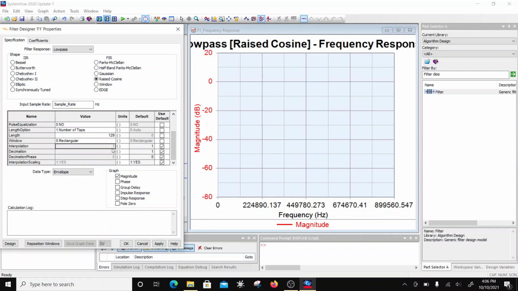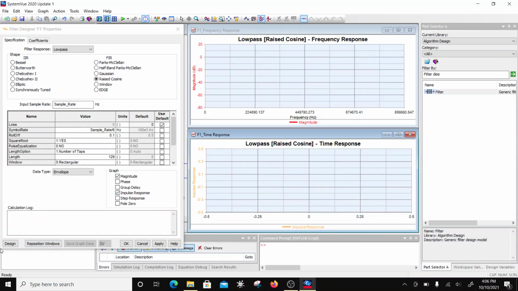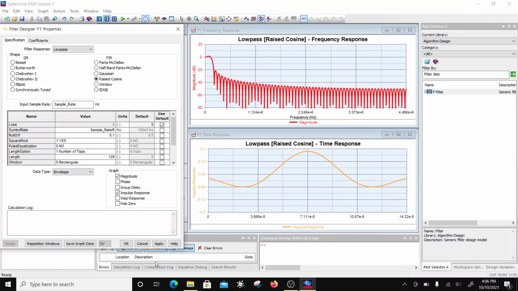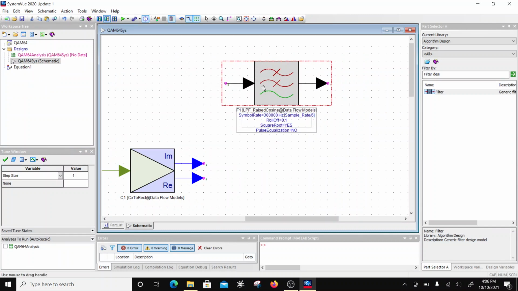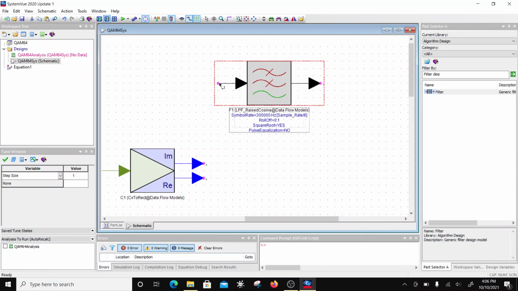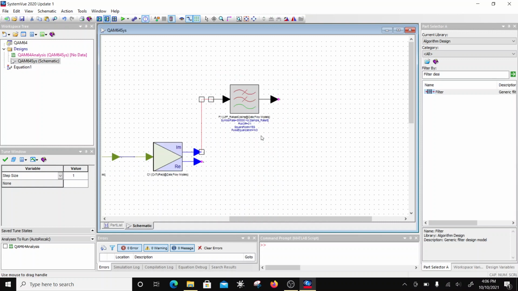Interpolation, that is oversampling, is 5, right? And here I'm going to compute this and say okay. So that's fine. Now everything looks okay, and I'm going to repeat this filter for both the channels. So Control C, Control V.